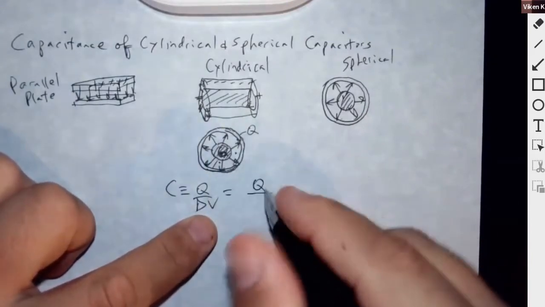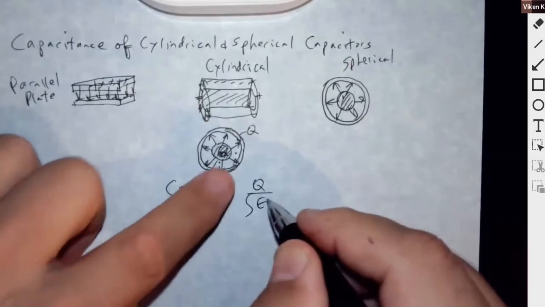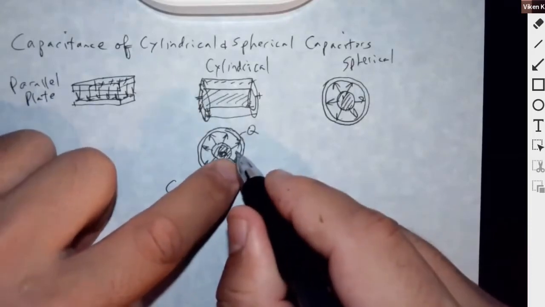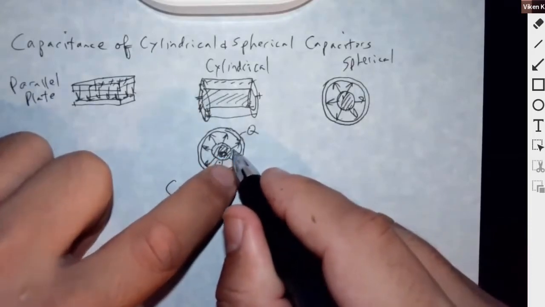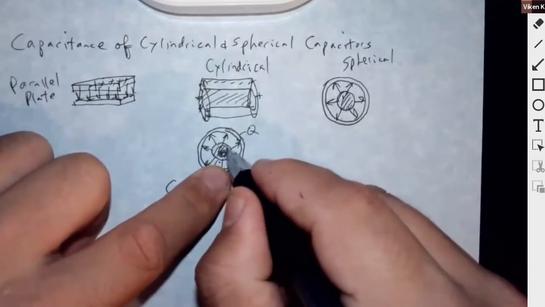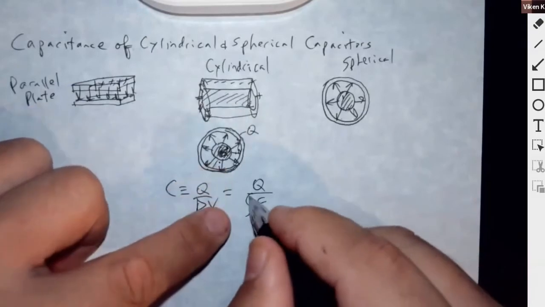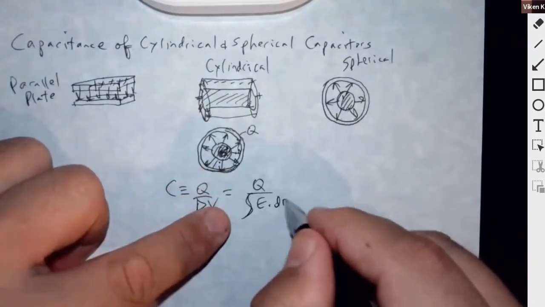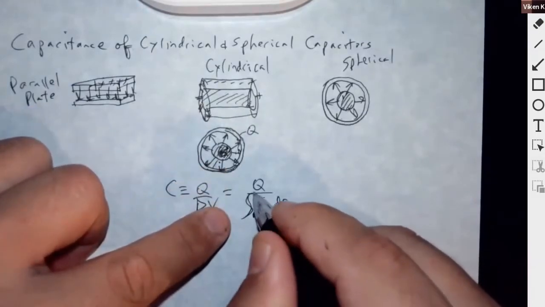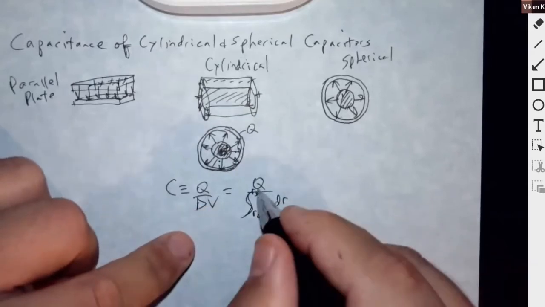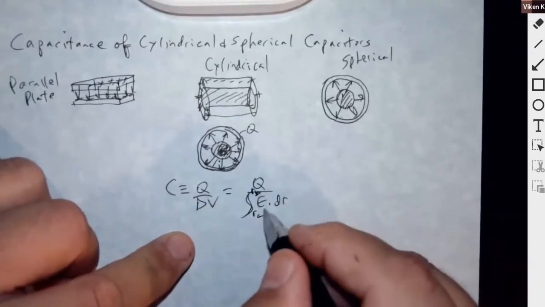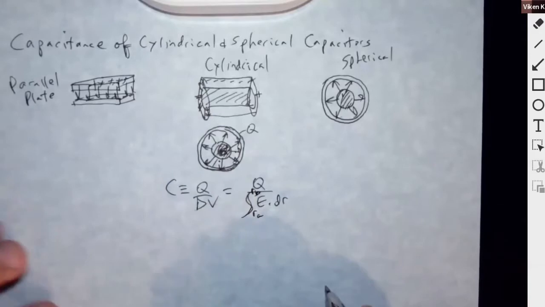Then it'll be equal to the integral of the electrical field between the capacitors, right? Then the integral would go from the inner radius to the outer radius. So E dot dr, RA to RB. Or we can call them R1 to R2.